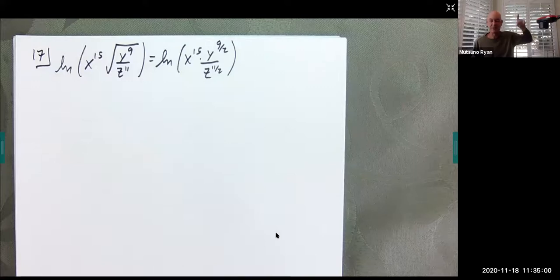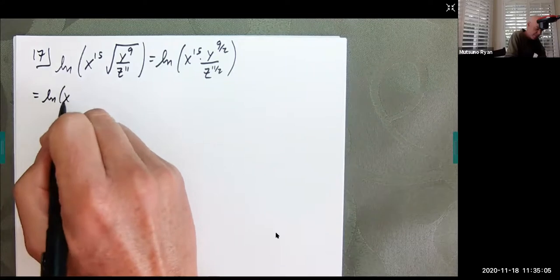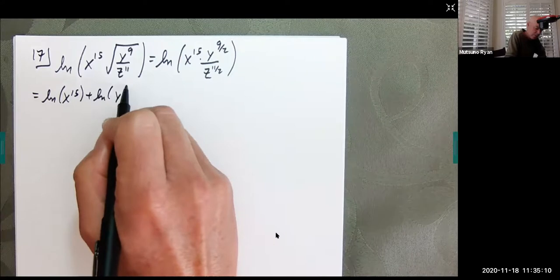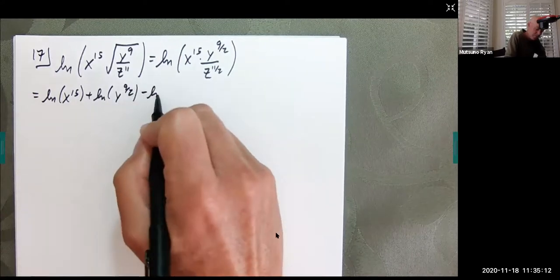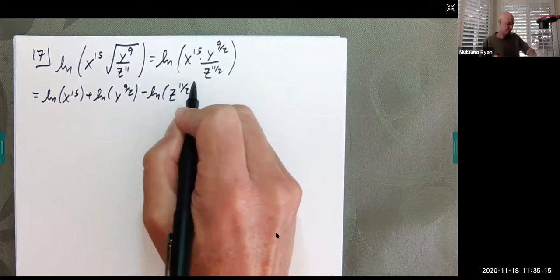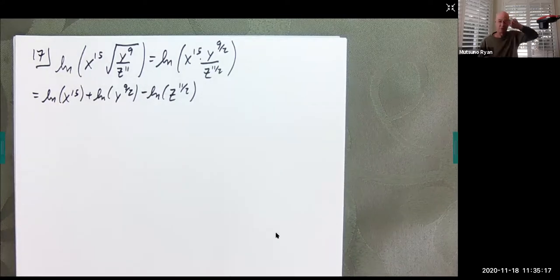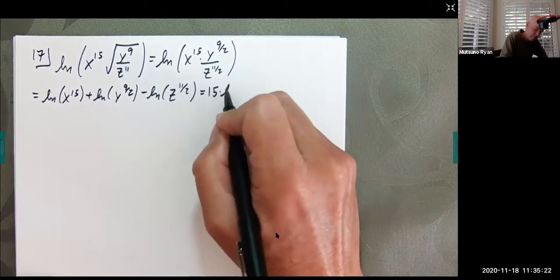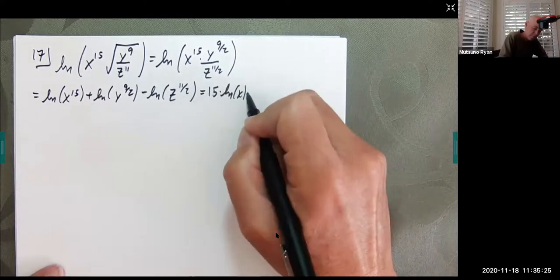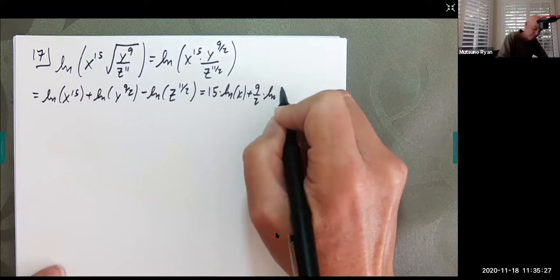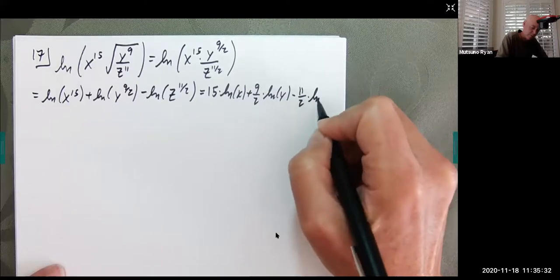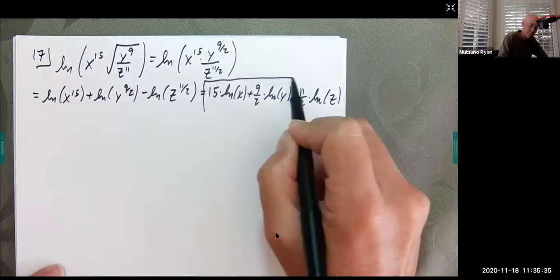Multiply means we're going to change into add. Divide means we're going to change that into subtraction. And the final rule is we're going to bring those exponents down. And that is about as broken down as we can do.